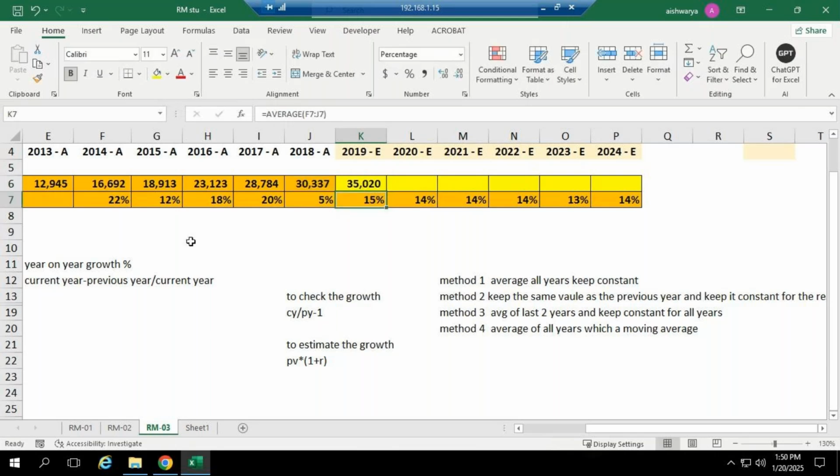That's all. Now you select this and drag it over here. So these are all the 4 methods of calculating the revenue. Understood, guys? You just try it over there. I want you to try all the 4 methods.